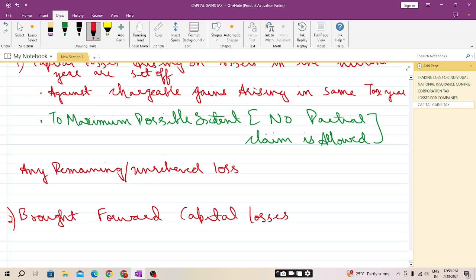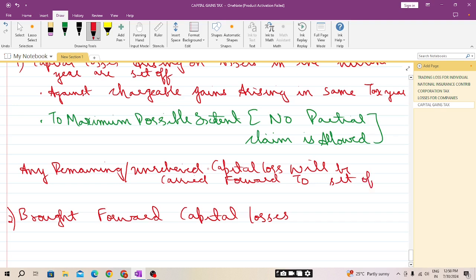Any remaining or unrelieved capital loss will be carried forward to set off against future chargeable gains.